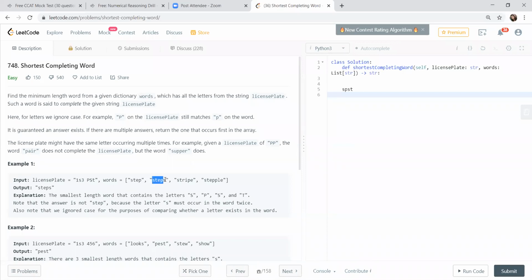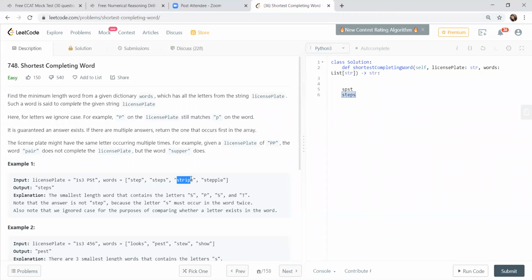When we move to steps, it is an answer for us because it contains all the characters we need and it is the shortest length of all the other words.